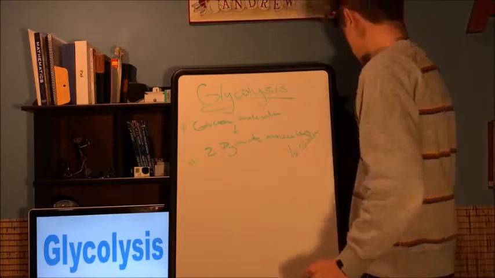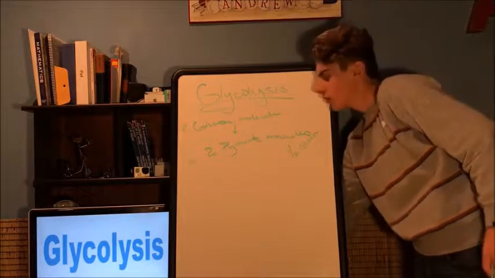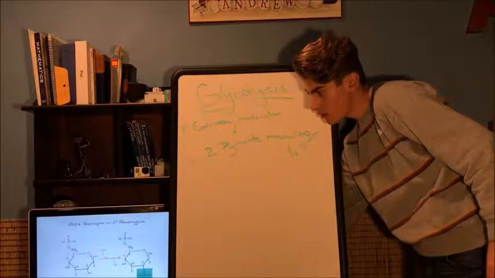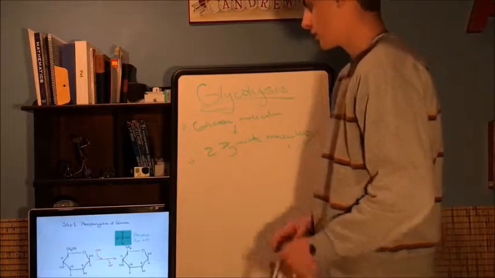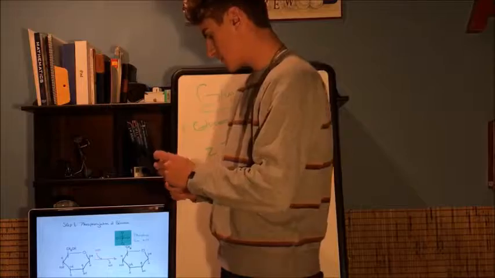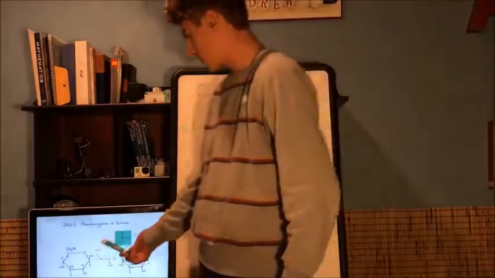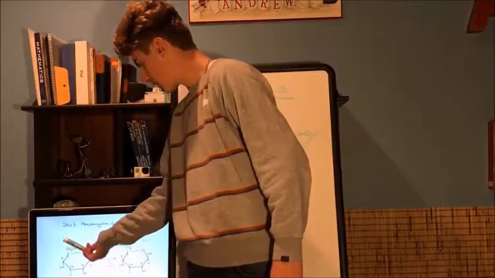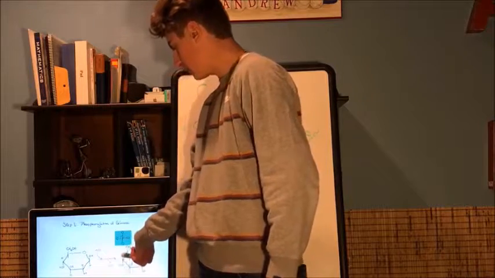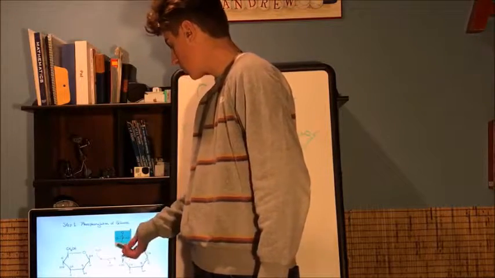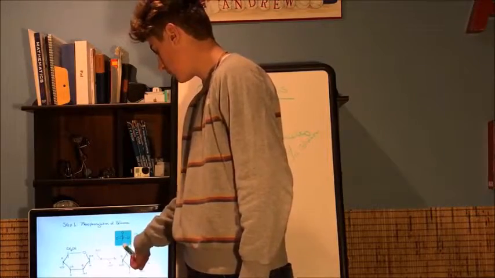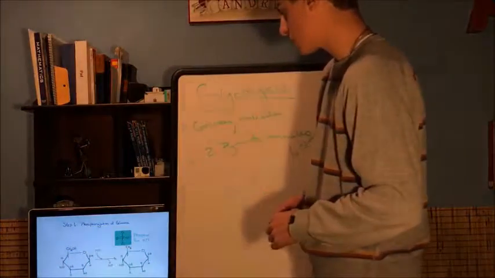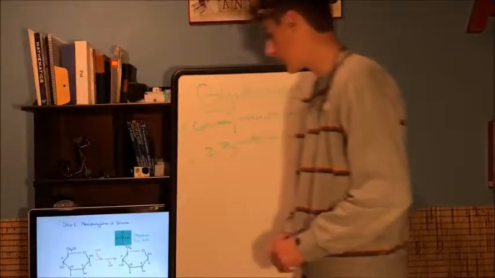To show you what this looks like, over here we go. You start with your glucose molecule. Through the input of ADP or ATP, you take the phosphate group of that ATP and put it on the glucose to create a glucose 6-phosphate.